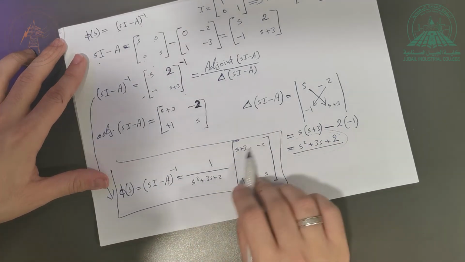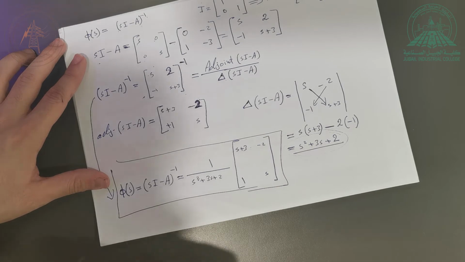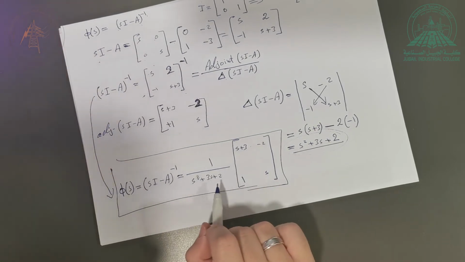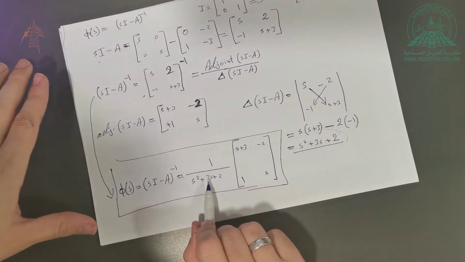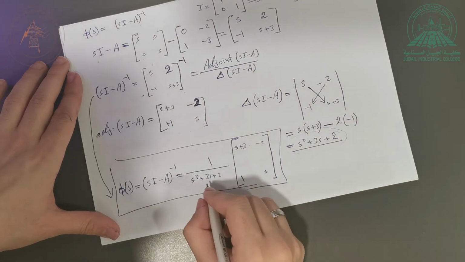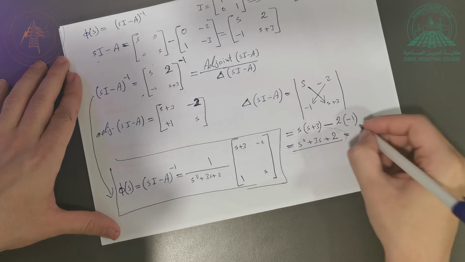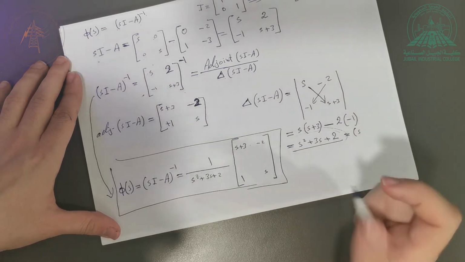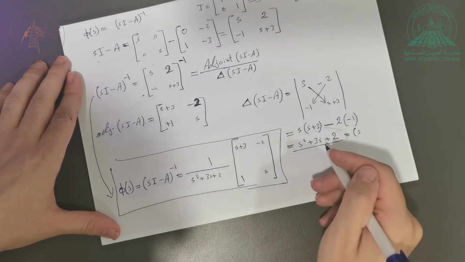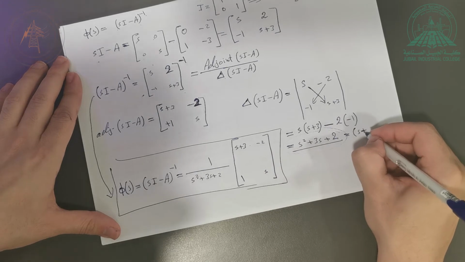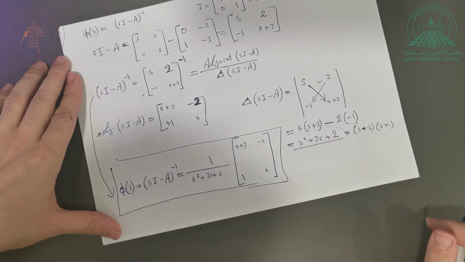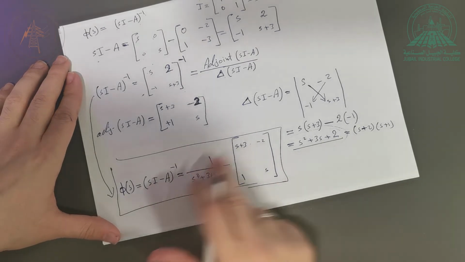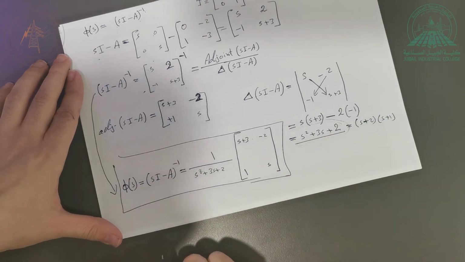Now I can put this inside. If you look at this, I can actually write it in terms of poles. I can write this as s plus 2 times s plus 1: two numbers that multiply to give 2 and add to give 3. Both forms are okay.